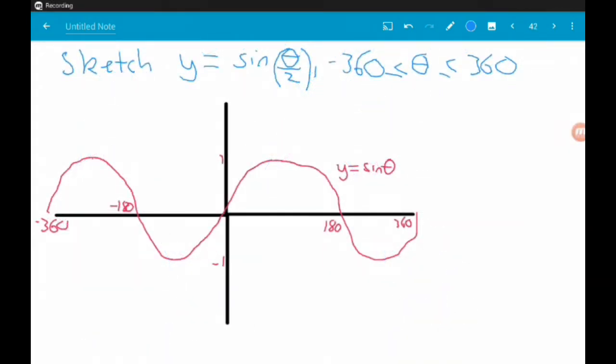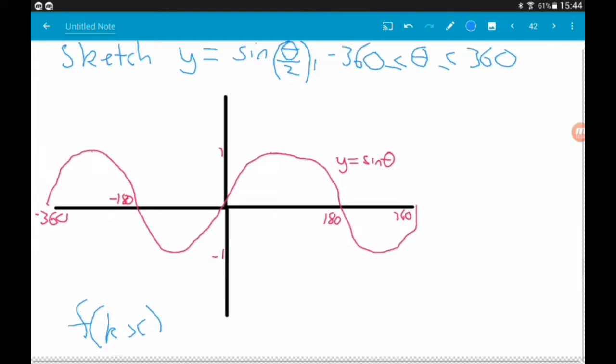Okay, next up, y equals sine of theta over 2 in our usual interval. So, what type of transformation is it? Well, we've got sine of theta over 2. So, it's a transformation of the form f of kx. The thing inside of our function is being multiplied by k.